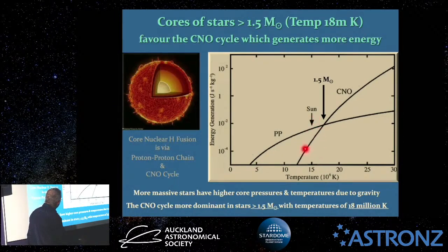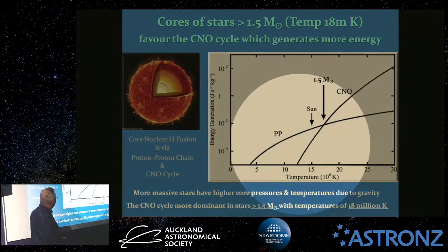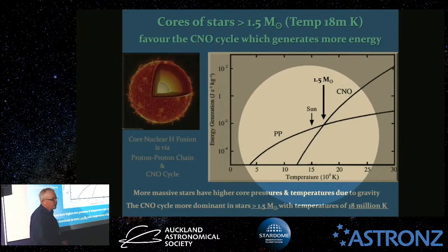And stars up to about 1.5 solar masses. So this graph here, along the bottom you've got temperatures of stars, and I've drawn a line here at 1.5, here it is here, and that equates to about 18 million degrees. Up to about 18 million degrees, in other words, any star less than about 1.5 solar masses, the proton-proton chain is the predominant method of burning hydrogen to helium at the core.